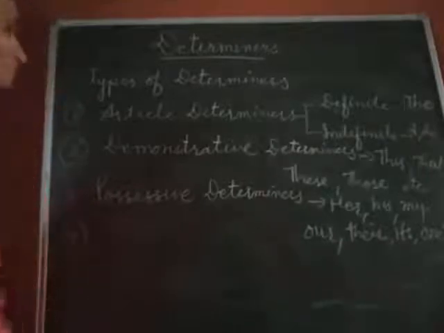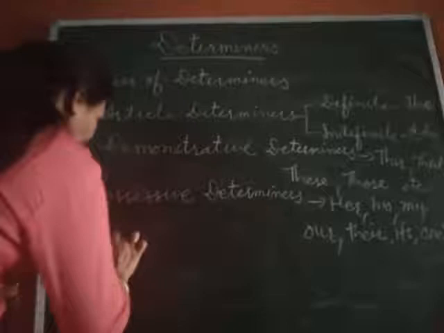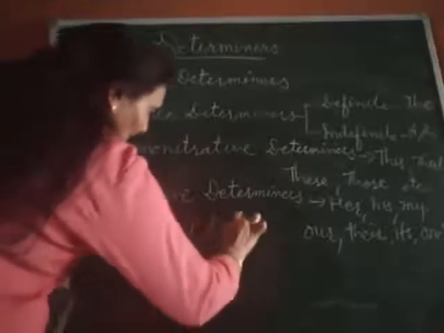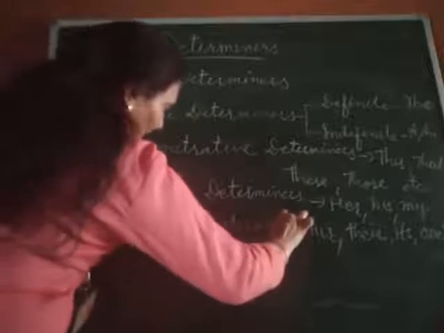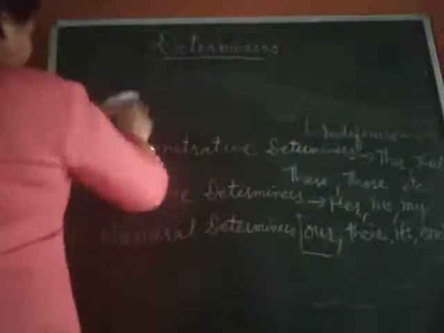Means her, his, my, our, their, its, one's, etc. These are the possessive determiners. These words are used to show the possession.